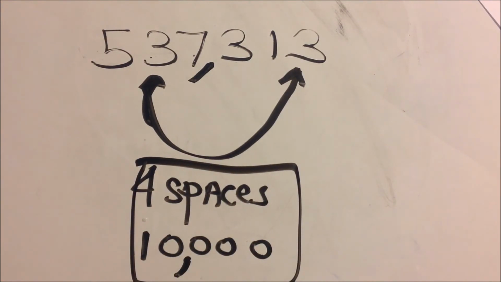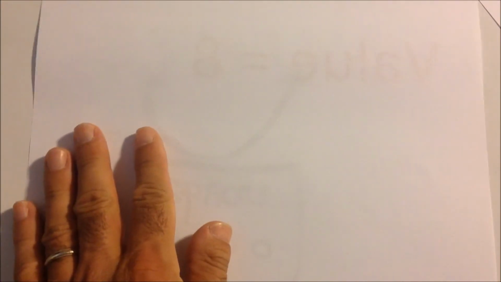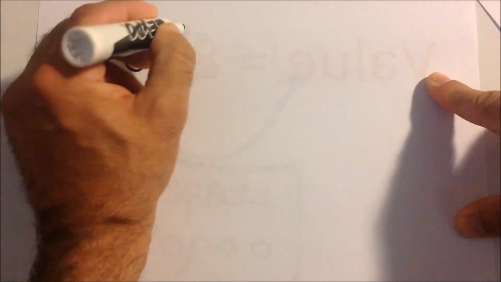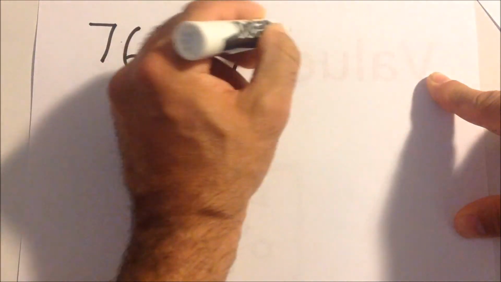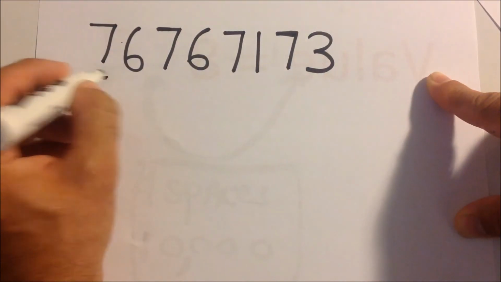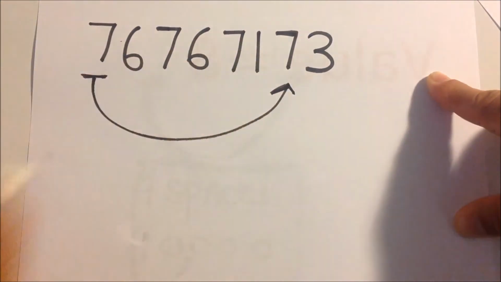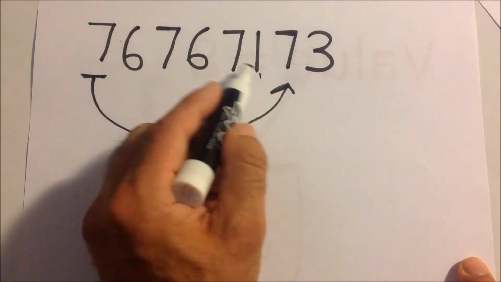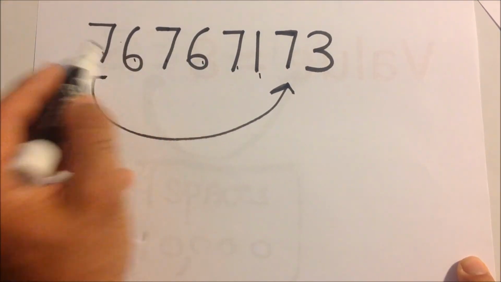Okay, let's do another one. Okay, let's write another. How much greater is this 7 than that 7? How much greater? Again, count the spaces away. 1, 2, 3, 4, 5, 6 spaces away.